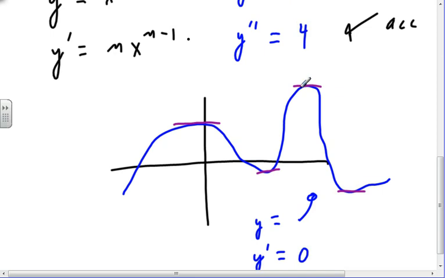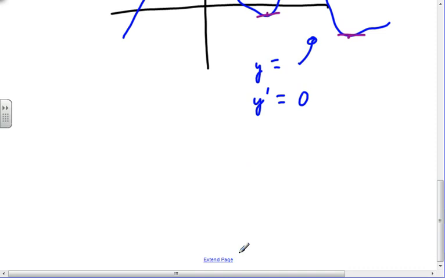So when I solve it, I can find where the minimums and maximums are by using the first derivative. If I take the second derivative of the equation and set it equal to 0, so this guy's my slope, the second derivative is my curvature.